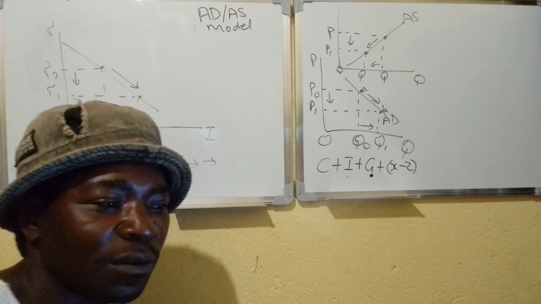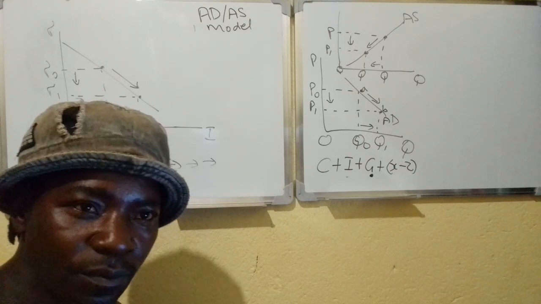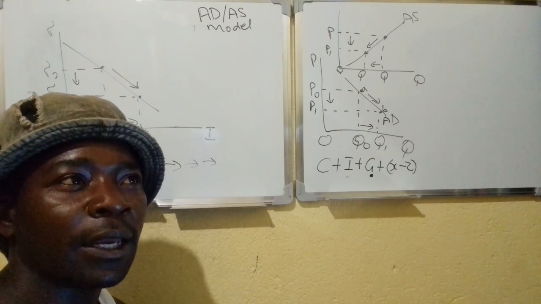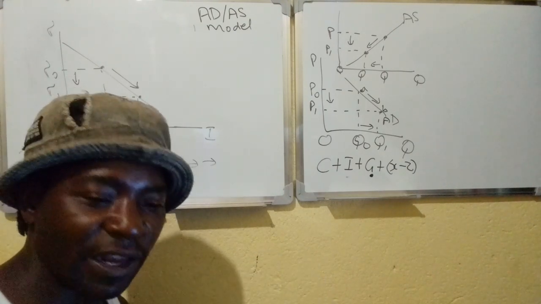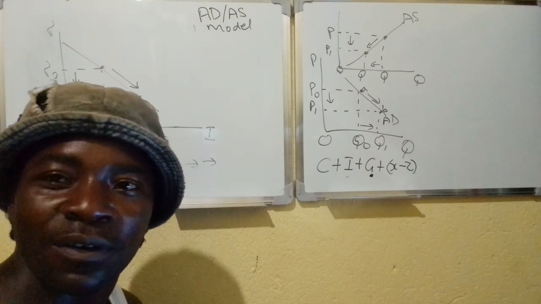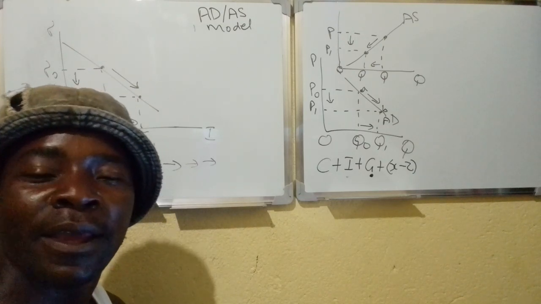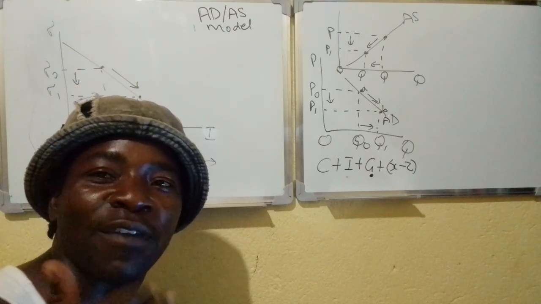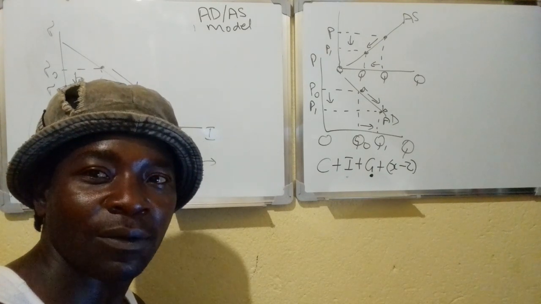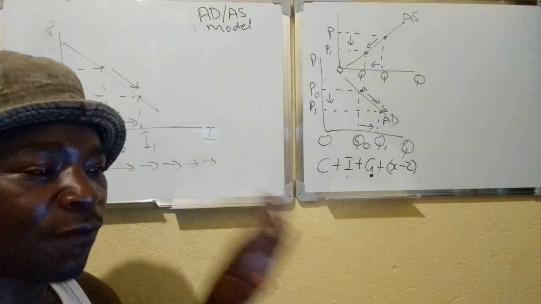These are called policy lags. A lag doesn't mean the leg of your foot; it means lagging behind, right? So there are 4 lags.